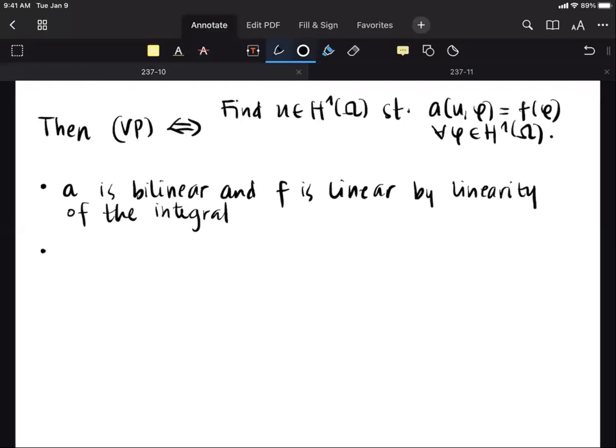Next, let us show that F is bounded. In particular, this implies that F must be in the dual space of H1.